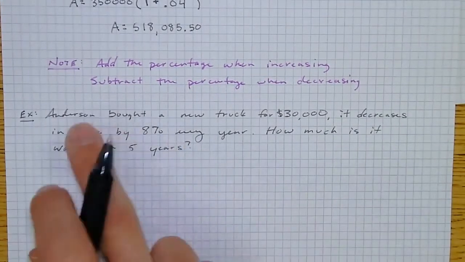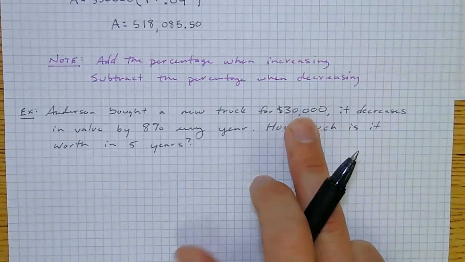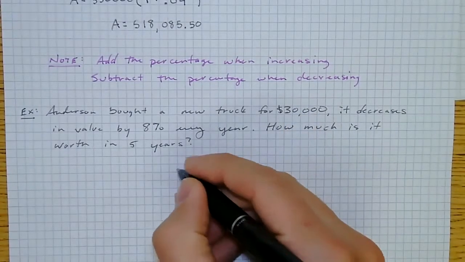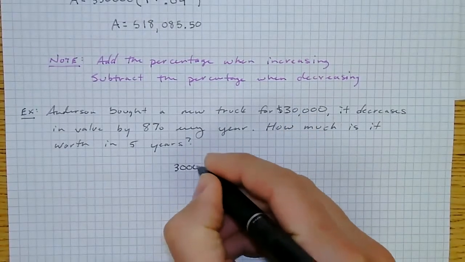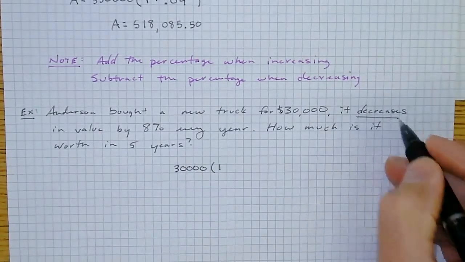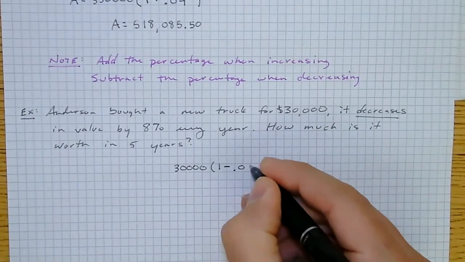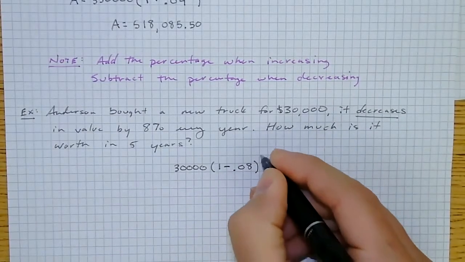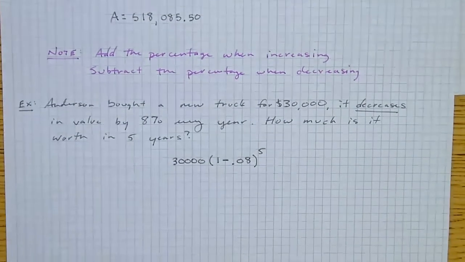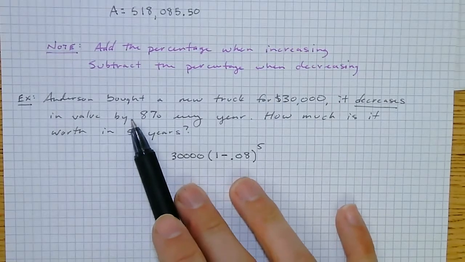Okay, so we start with our initial price, or principal. It started at $30,000. Since I am decreasing in value, now I'm going to subtract the percentage.